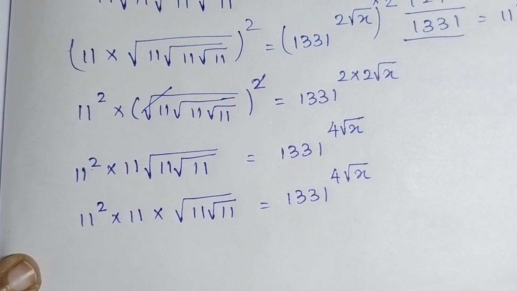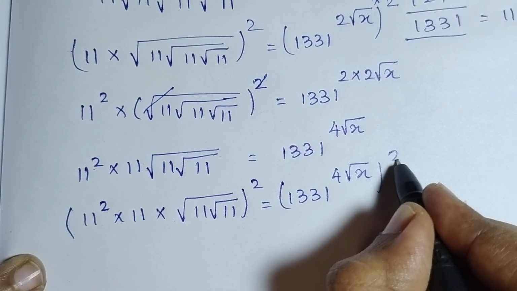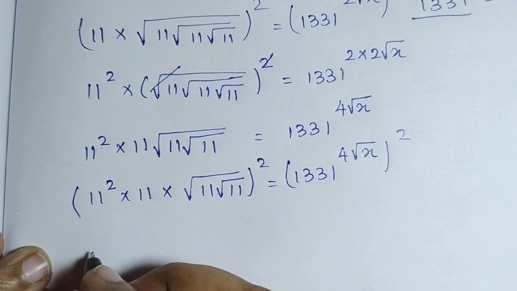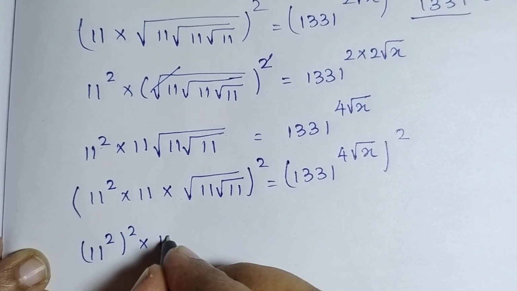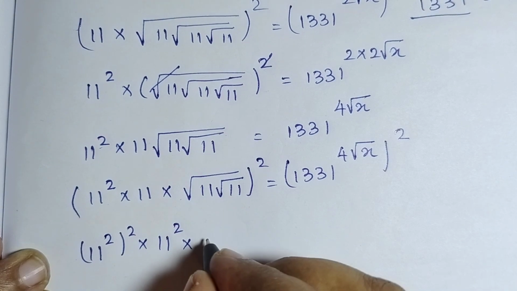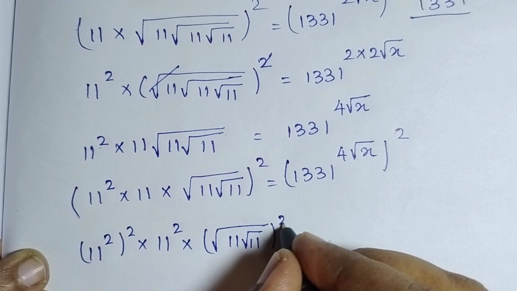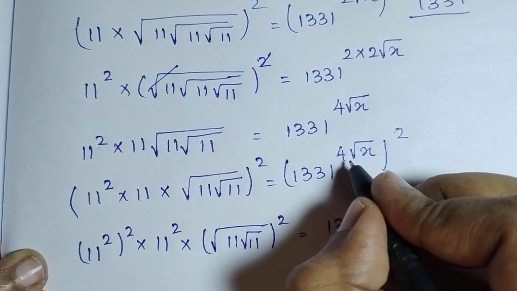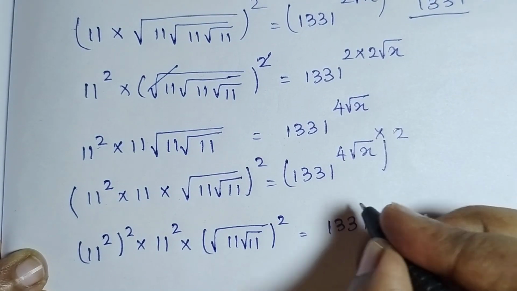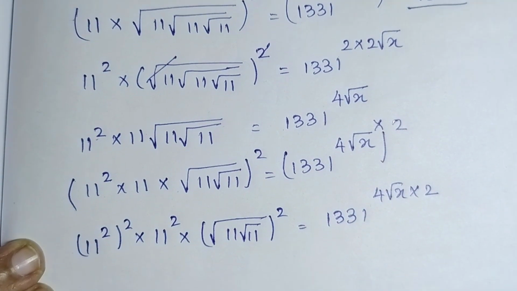For that I need to take square on both sides. Therefore this becomes 11 square the whole square into 11 square into root 11 the whole square, which is equal to 1331. These two will be multiplied, therefore 4 root x into 2.